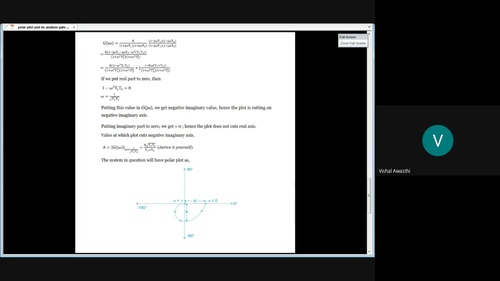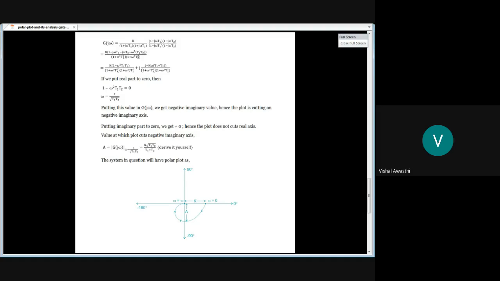I will explain how to get the stability later on, but this is a requirement to get the stability. So when you convert your open loop transfer function into real and imaginary part, put the different real and imaginary part individually equal to 0.